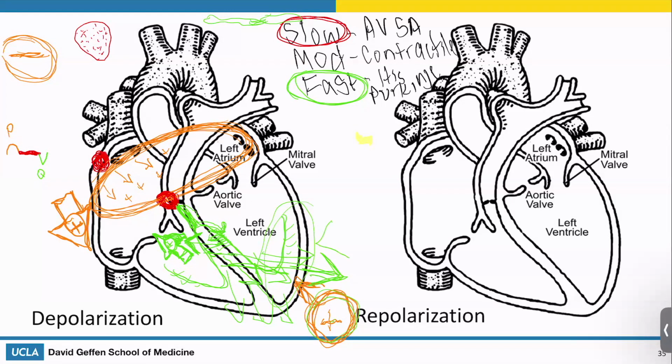So we've got this positive vector moving towards a positive lead, and this is a big area of the heart. So we have big, positive, and fast. So we've got our R wave now, which is major ventricular depolarization.